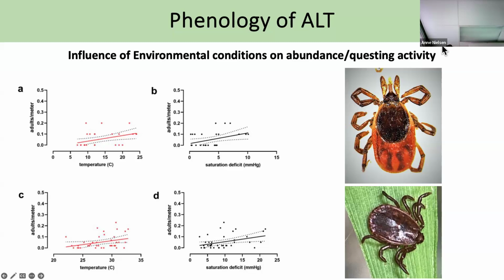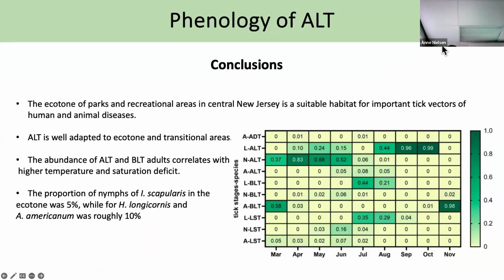This data suggests that it's a tick species that is very well adapted to hot and drier environments, much hotter and drier than we find in New Jersey, which makes them very adaptable to colonize transitional areas like New Jersey.